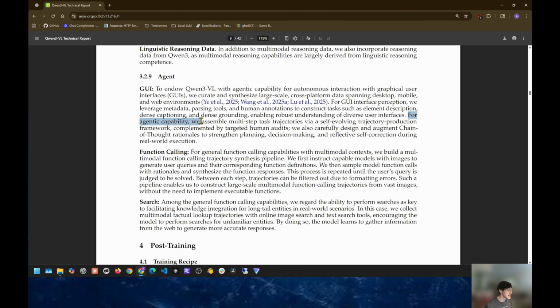For agentic capability, we assemble multi-step task trajectories with a self-evolving trajectory production framework complemented by targeted human audits. We also carefully design and augment chain of thought rationales to strengthen planning, decision-making, and reflective self-correction during real-world execution.